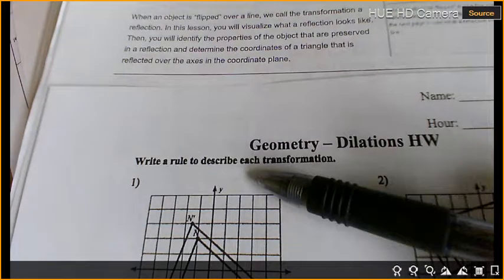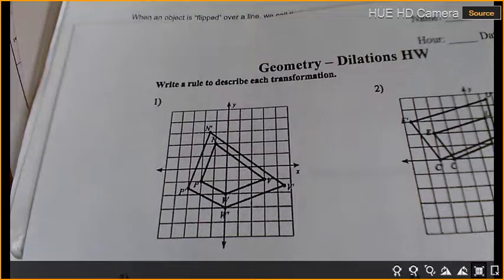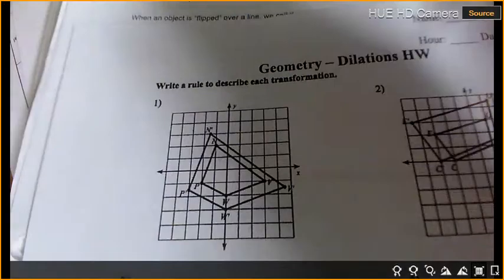We're going to write a rule to describe each transformation for these dilations. So it's kind of figuring out how much it dilated. Okay? And we can do that if we look at n.